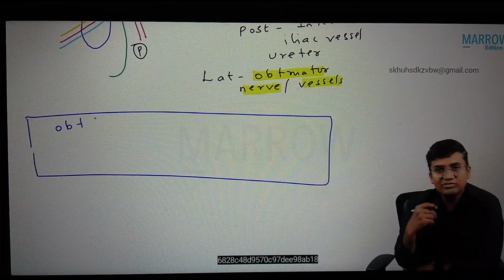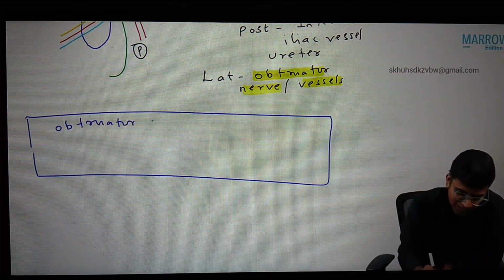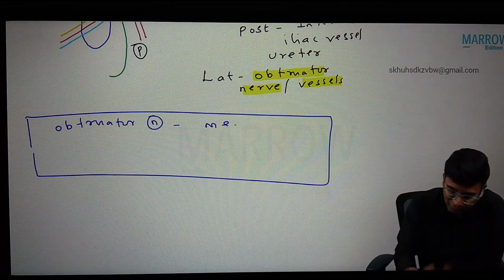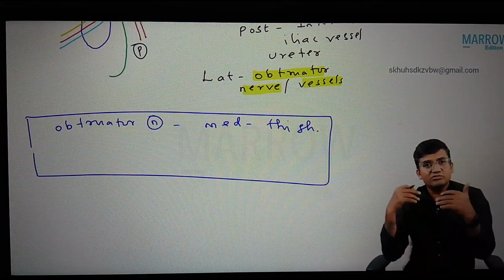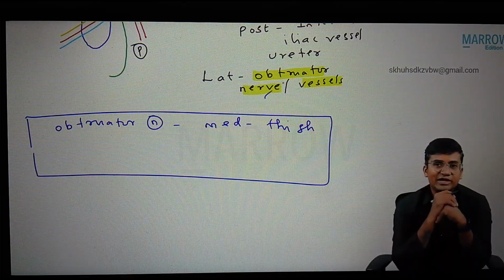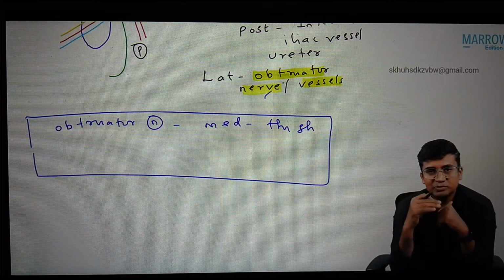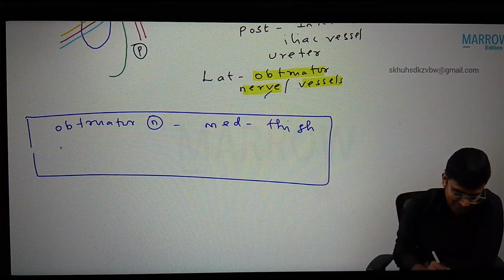Obturator nerve, it is a nerve of the medial compartment of the thigh. So now in the case of ovarian pathology, the nerve in the lateral wall, which nerve? The obturator nerve is irritated. So the patient has referred pain to the medial side of the thigh.